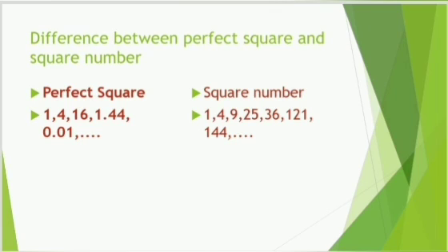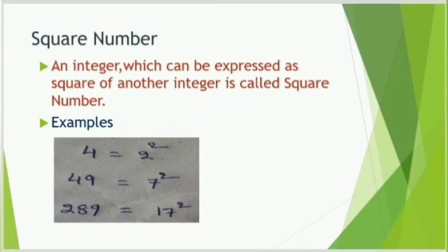But this is not a square number because 0.01 is a rational number. According to the square number definition, it must be an integer which can be expressed as square of another integer. Okay children? 0.01 is a rational number, not an integer.